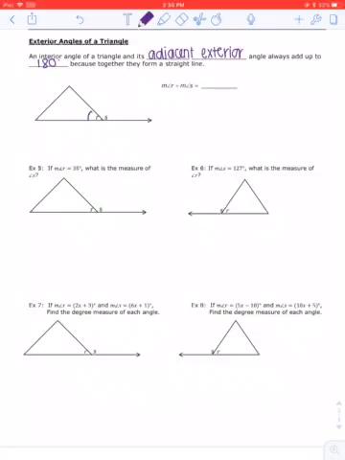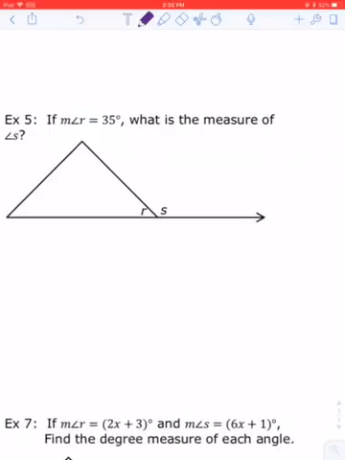So here we have R, an interior angle, and S, an exterior angle, and it's the one right next to it. And when I add those together, I get 180 degrees because they create a straight line like you see here.